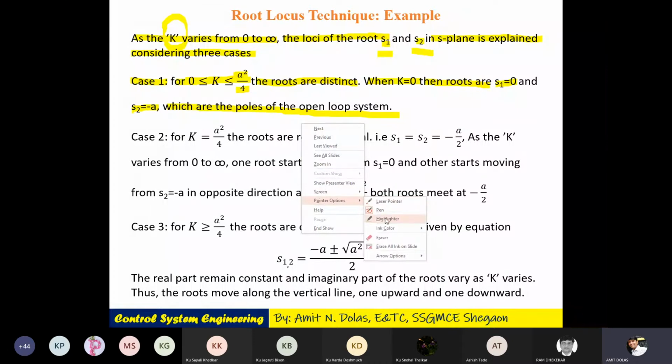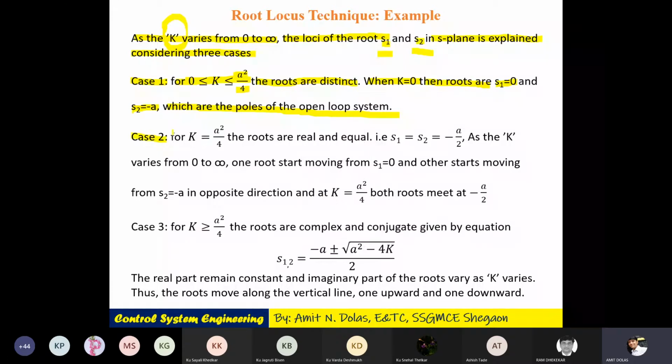So here in case 2, this will be again explained in the example. For k equal to a square by 4, the roots are real and equal. That will be S1 and S2 equal to minus a by 2.